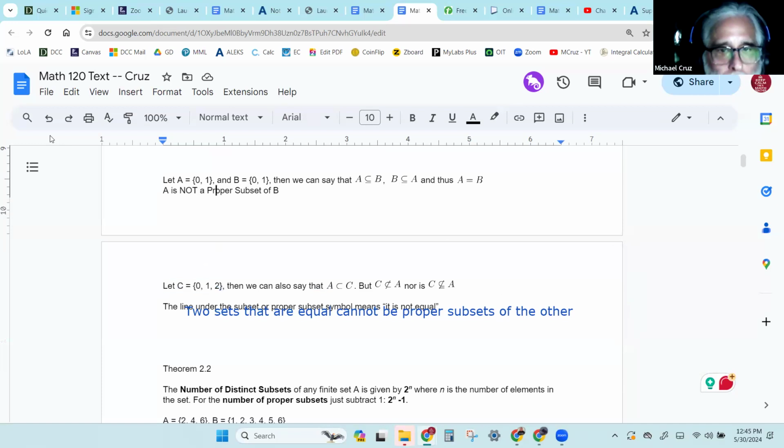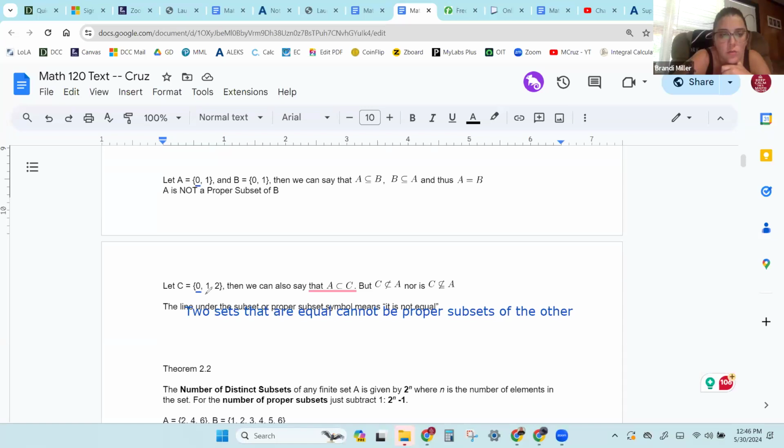See? 0 is in there, and the 1 is in there. And that extra 2 is what makes it a proper subset, because both of these are inside of this set, but there's that one that stops it from being equal.